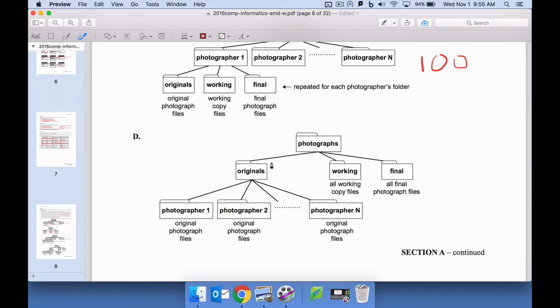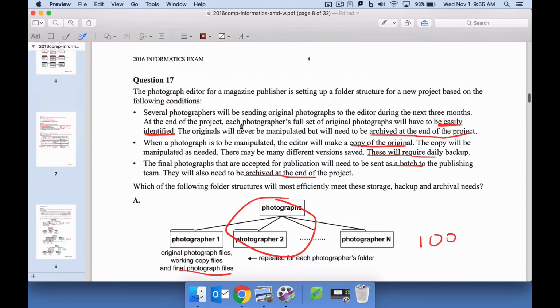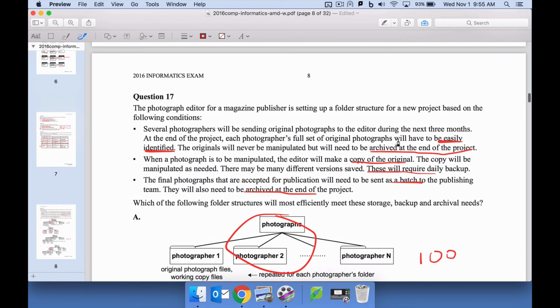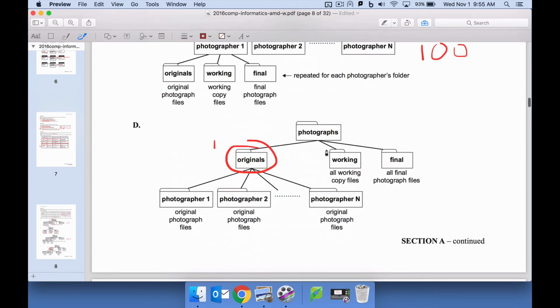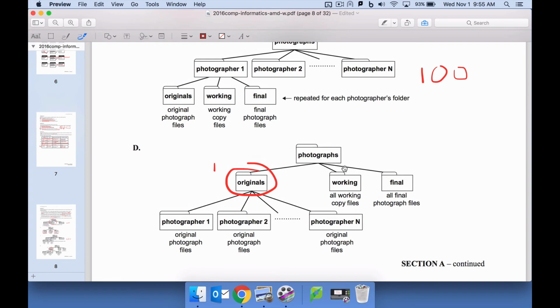So we have photographs, we have originals, and we have each photographer with original photos in there. That's really good because this solves the first point, which was we need to archive and easily identify the original images. So yes, check. Then we have working files here.